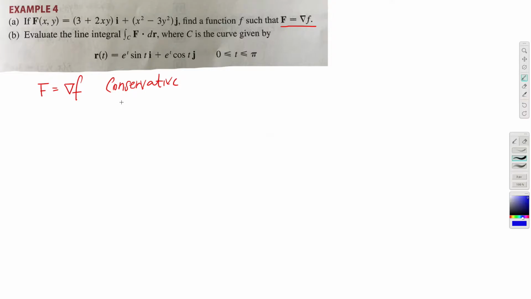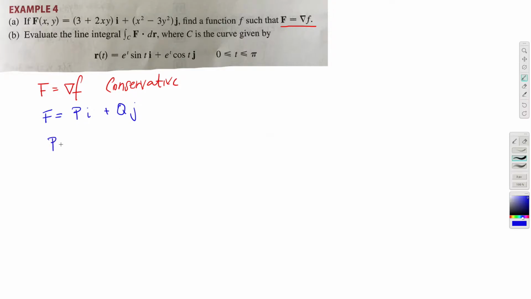Just for practice. All right, so the first thing we've got to realize is, let's just say F equals, and let's replace these values with P and Q. If this is conservative and therefore F is the gradient, well, the gradient is just the derivative.